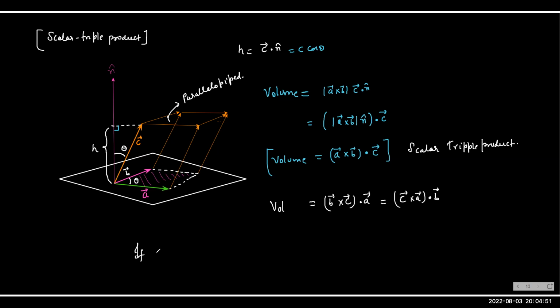So if vectors A, B, and C are coplanar, then the triple product must be 0.